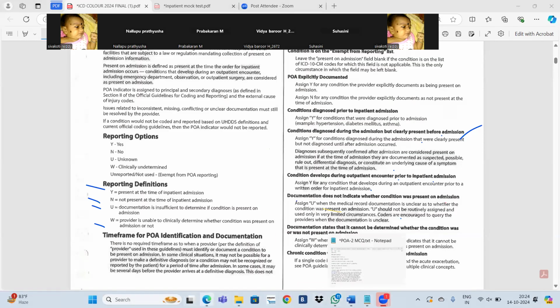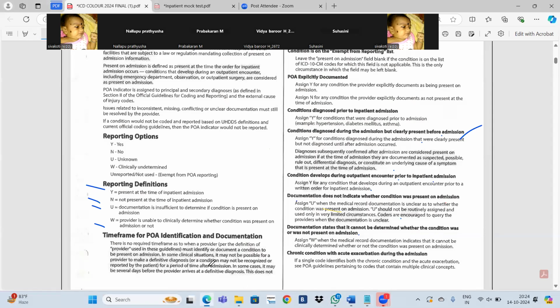If you add U, it means you need to raise the query. That's it: U means query. Based on the reply you get from the provider, you can change and submit your document. It is called a POA query.